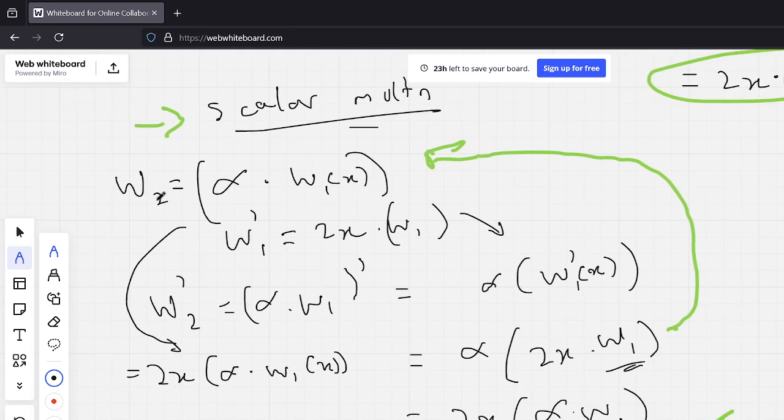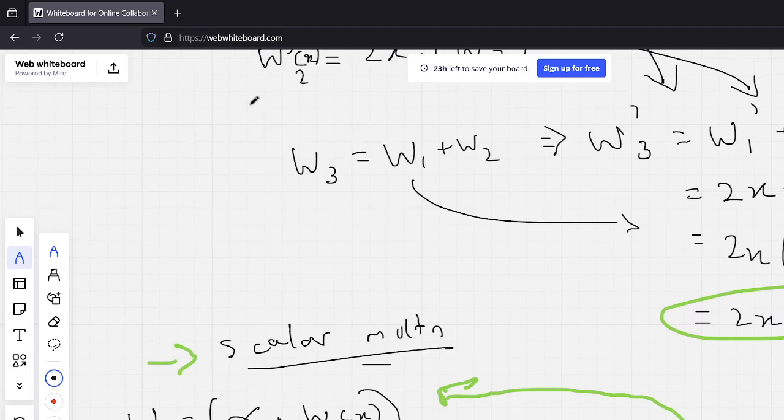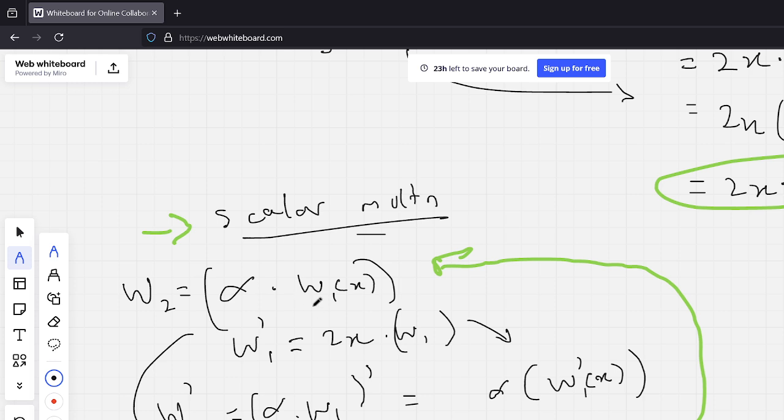Now scalar multiplication. So we have W2, which is again the same thing as before, but in this one it's equal to a different function, kind of making a chain rule.